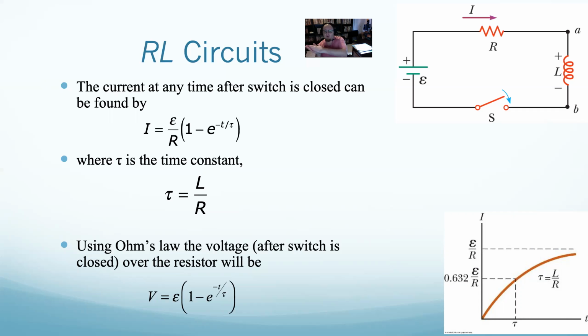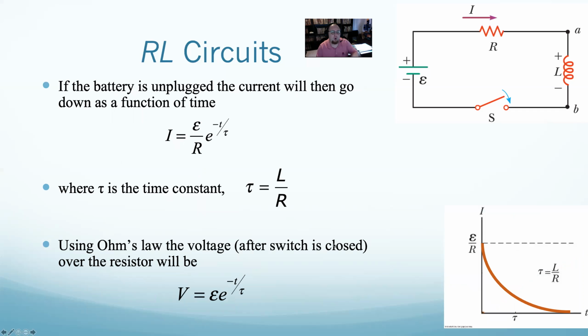Now, if you then go and open this, once it's going fully, there's a magnetic field in our inductor. If you break the circuit, you're suddenly going to try to remove the magnetic field from the inductor, and that's going to induce an EMF. So if this has been running for a while and you open the switch, the current and voltage will also change as a function of time.